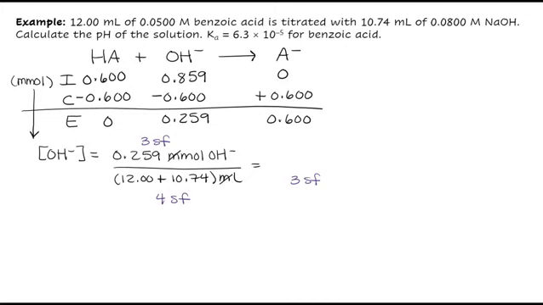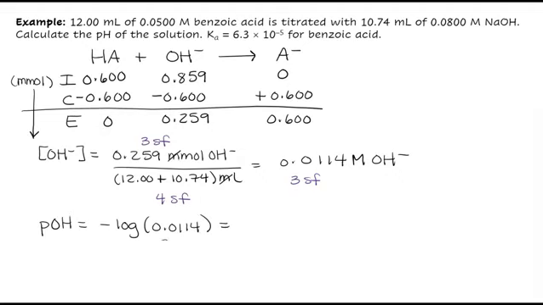Doing the math, 0.259 divided by 22.74 rounded to 3 sig figs gives us 0.0114 molar OH minus. We can then calculate pOH, which is the negative log of the OH. So we take the negative log of 0.0114.